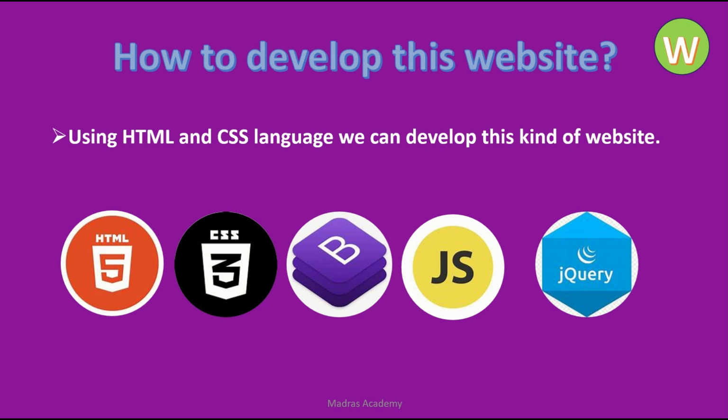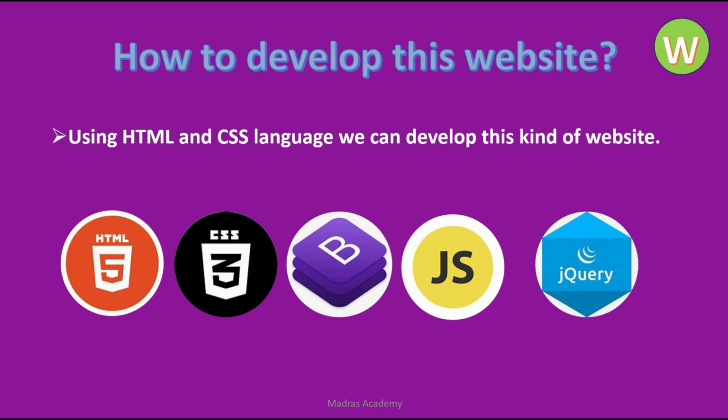And if you are going to validate the application, at that time we use JavaScript. As well, if you are going to calculate a value, for that also we can use JavaScript.